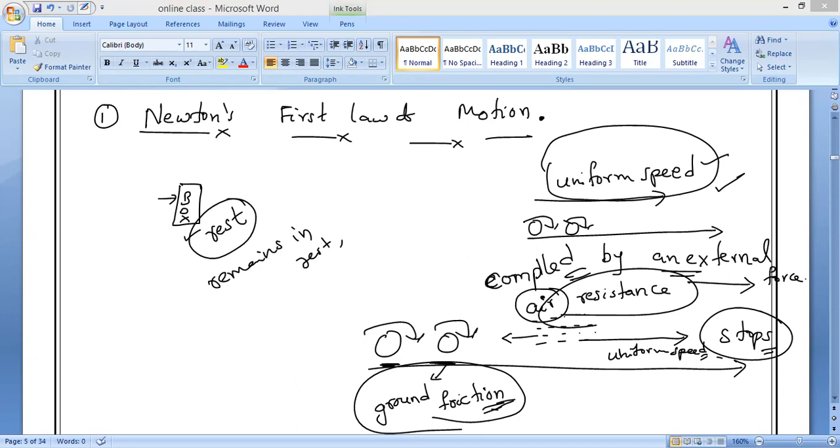So that is what we call Newton's first law of motion. Unless an external force is applied, the body which is at rest remains at rest, and the body in motion remains in uniform motion. Is it okay, guys? Will you understand? Yes or no, everybody?